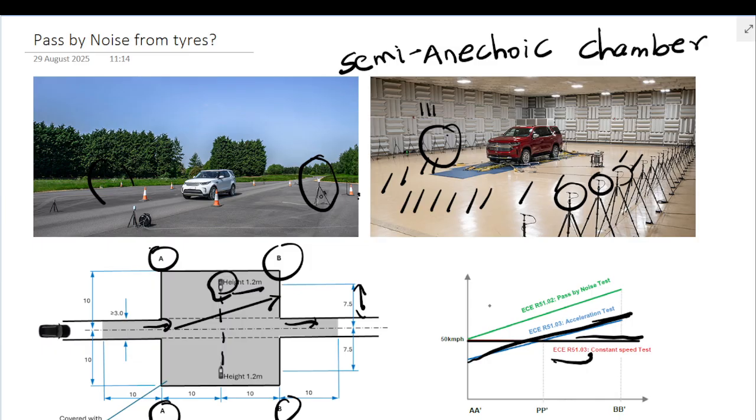Before this, there was only the acceleration pass-by noise level in the R51.02 version, but after some changes to the regulation, the regulatory body said we now also have to add the constant speed noise.